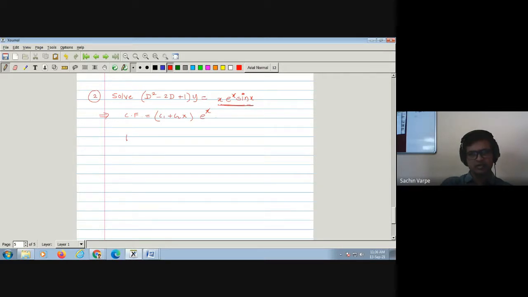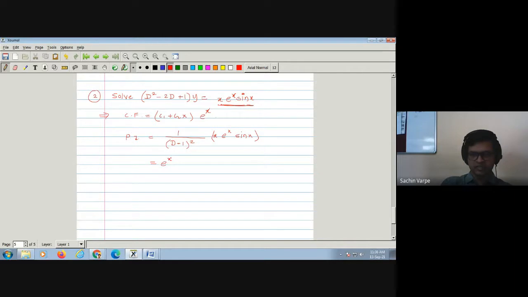So particular integral is 1 upon phi of d, that is d minus 1 the whole square, into f of x, that is x e to the power x sine x. So what I'll do, I'll take exponential function outside the operator first.